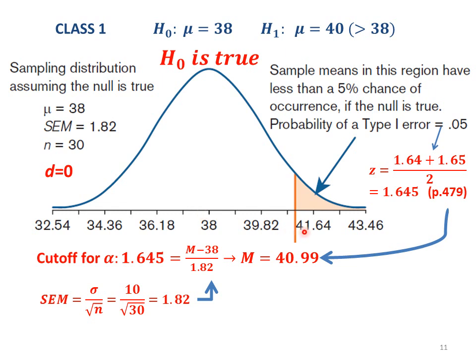So if we obtain any sample mean larger or equal to 40.99, which is this pink area, we reject the null hypothesis, even though it's true.